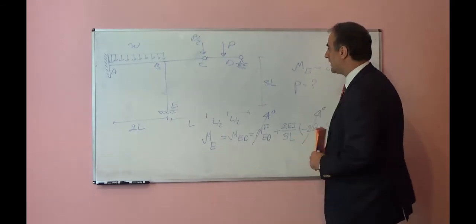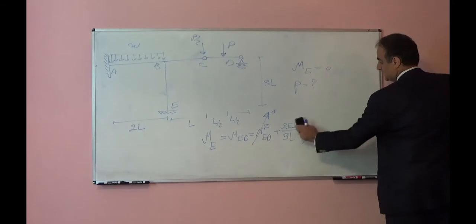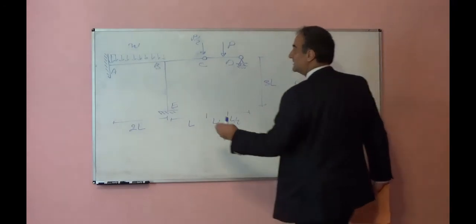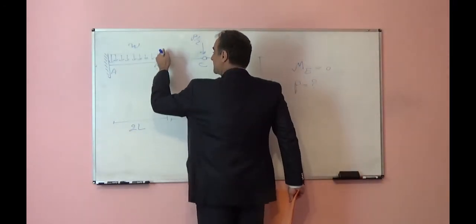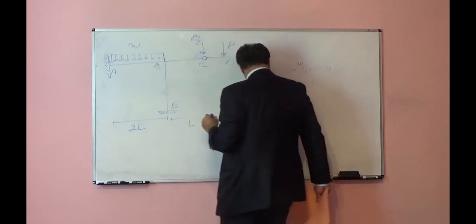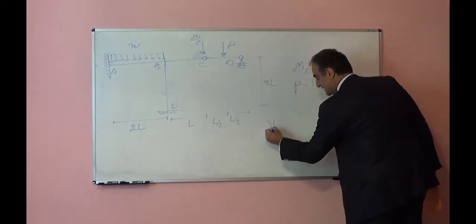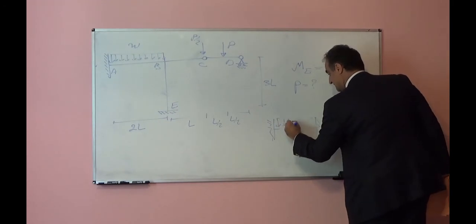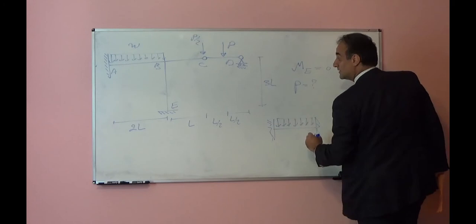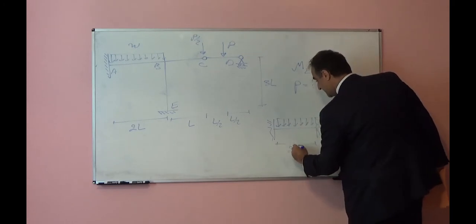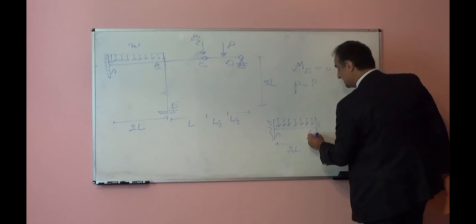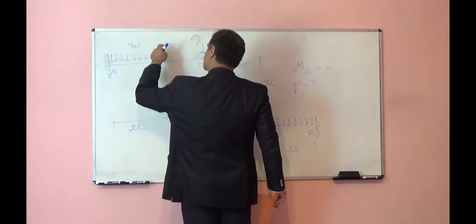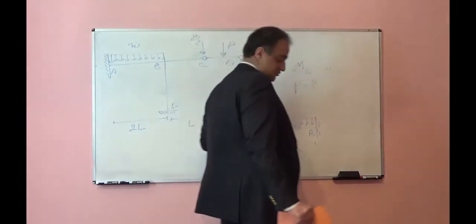in that case ME will be equal to 0. How can we make theta B equal to 0? Theta B equal to 0 means this part of the beam will not rotate. It is like fixed. So if I separate the AB part, this is external load. This is 2L, AB, and no rotation at point B will convert this part to a fixed support.